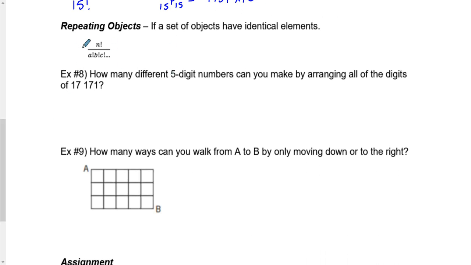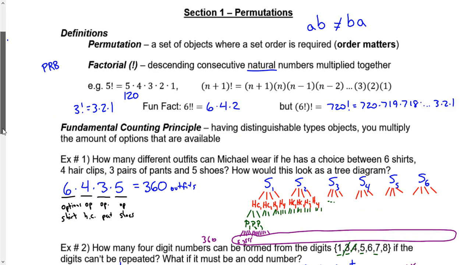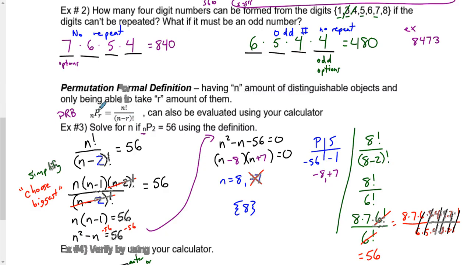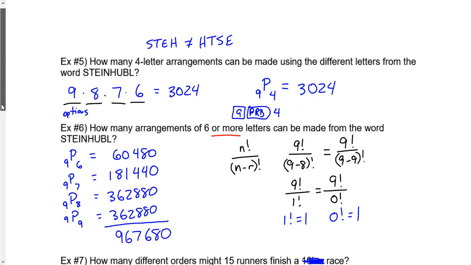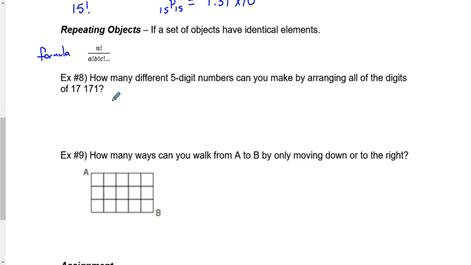Now here's one other formula. Yes, this is actually a formula. So is this, technically. It's a definition, but it is a formula. If I set a number of objects have identical object elements, I need to fill the rest of the definition.